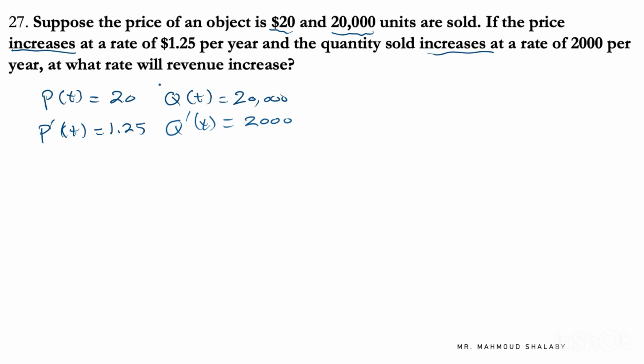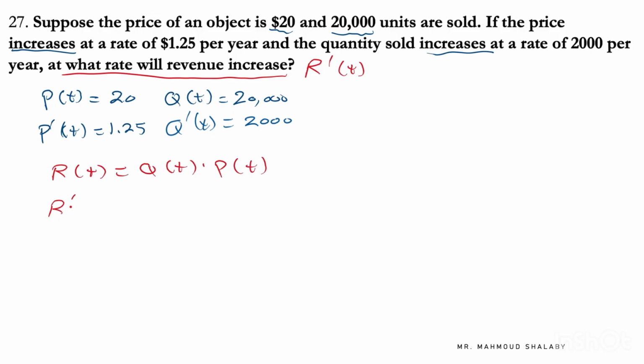What he wants to say, at what rate will the revenue increase? It means he's asking about r prime of t. To solve this, I will write r of t equals q of t multiplied by p of t. R prime of t equals q prime of t p of t plus q of t multiplied by p prime of t.